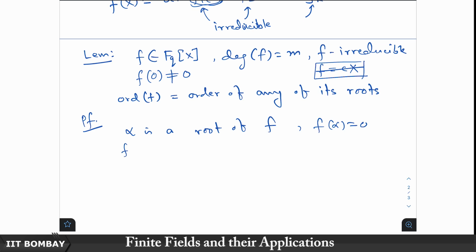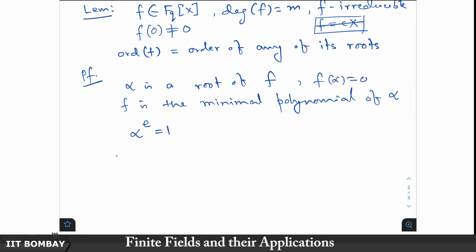f is the minimal polynomial of alpha. So, now we can say that if E is an integer for which alpha power E is 1, then this is true if and only if alpha is a root of x power E minus 1.